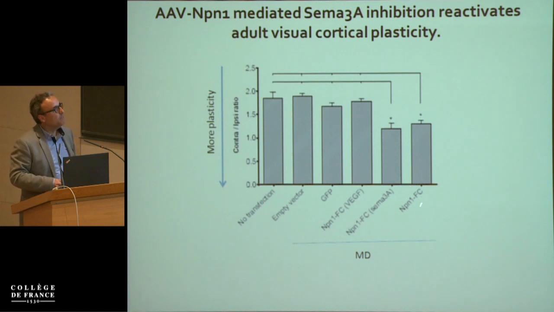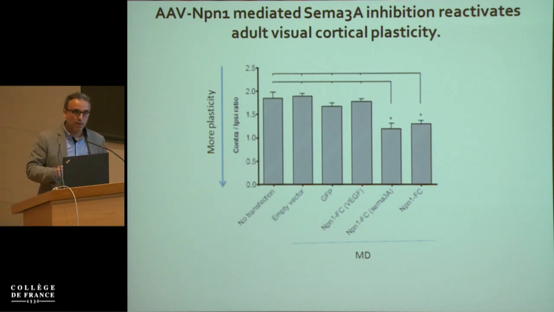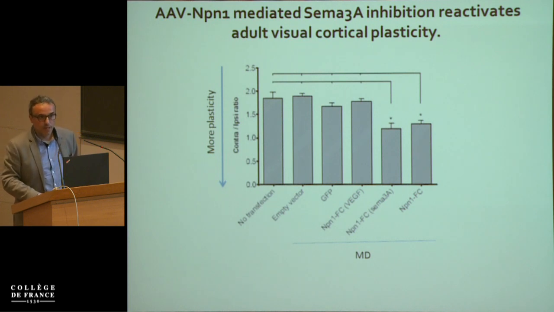But we got plasticity with these two receptor bodies. One is the general one, and one is specific to SEMA3A, suggesting that by antagonizing SEMA3A, you can activate plasticity, similarly to what you get with the chondroitinase ABC treatment or with the knockout of the Link protein.